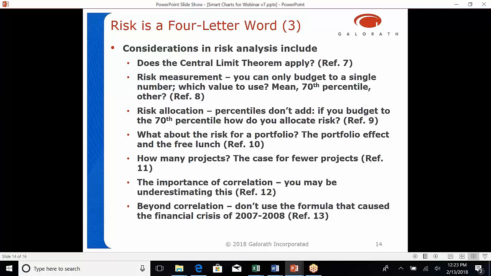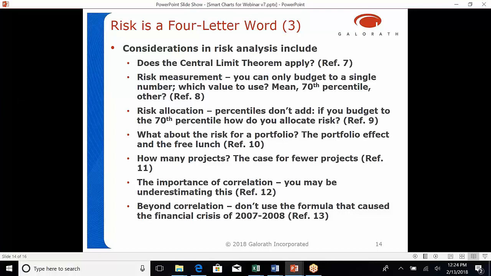It ignores the right tail, which is where the risks really are. So you're not really taking those into account. The advantage of the mean is that it does take into account the entire distribution in estimating that value. You may still need some reserves beyond the mean in many cases, but it is a better measure of risk than a percentile.